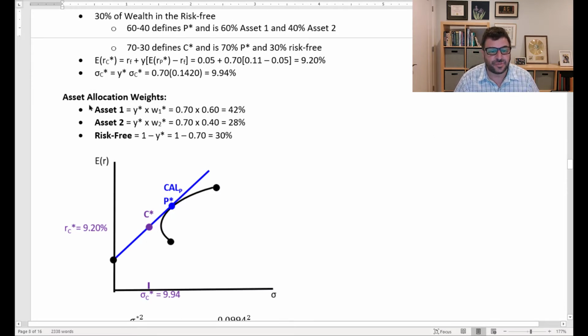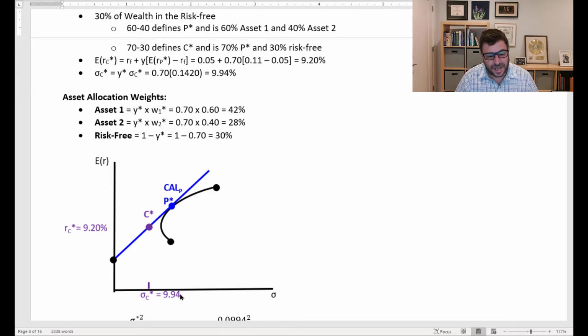Given this investment universe, we should have 70% times 60%, or 42%, in asset 1, 70% times 40%, or 28%, in asset 2, and 30% in the risk-free. A combination of these three assets will produce a portfolio that has a return of 9.20% and a risk of 9.94%.